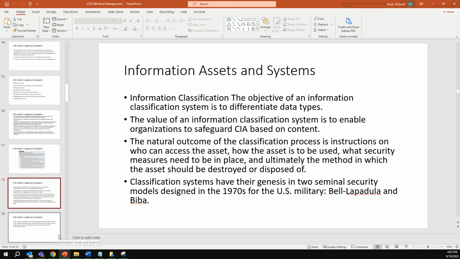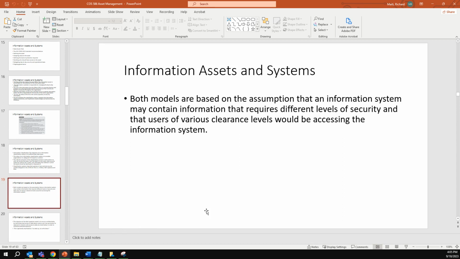These are different classification systems based on the assumption that an information system may contain information that requires different levels of security, and users of various clearance levels would be accessing the information system. You've heard of the military, they still use it for their clearance levels.